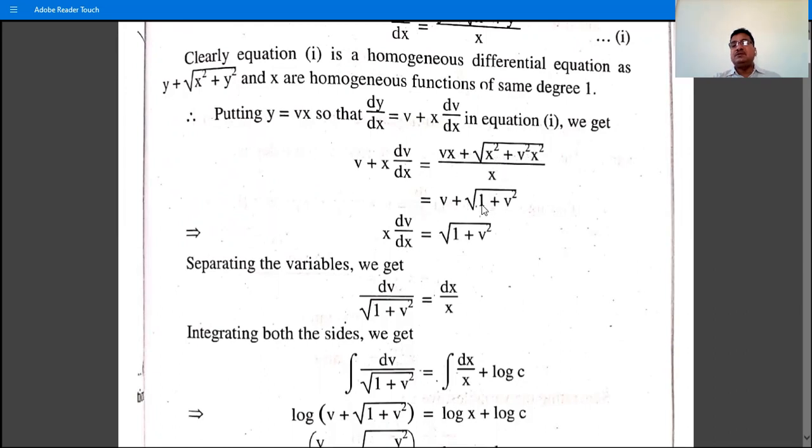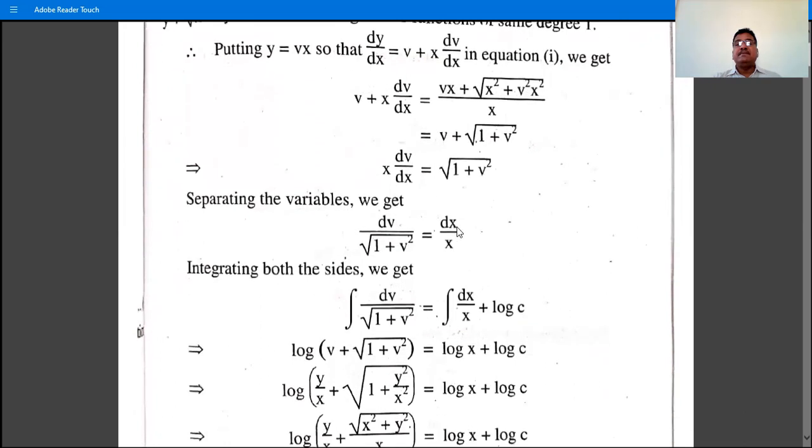So we have v plus root 1 plus v square, and then shift this v to RHS, so v minus v becomes 0. So we have x dv by dx is equal to root 1 plus v square.